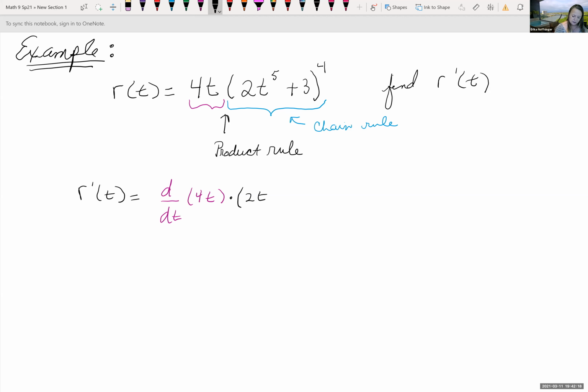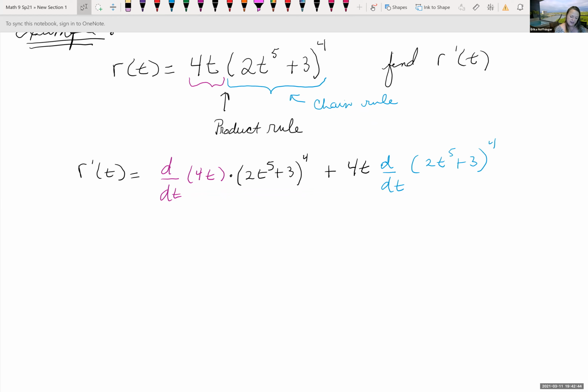It's 2t to the 5th plus 3, all raised to the 4th, plus the first, not doing anything to it, 4t, times the derivative, so d/dt of the second piece, which is 2t to the 5th plus 3, all raised to the 4th. So going in and taking the derivative of 4t, well, the derivative of 4t is just 4, times the second piece, 2t to the 5th plus 3, all raised to the 4th, then plus the 4t.